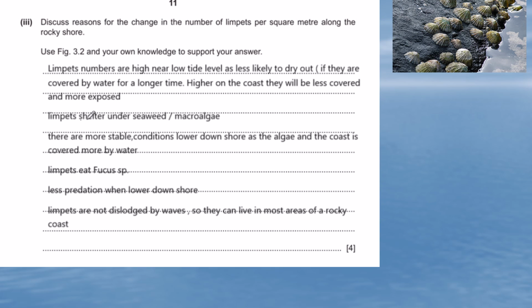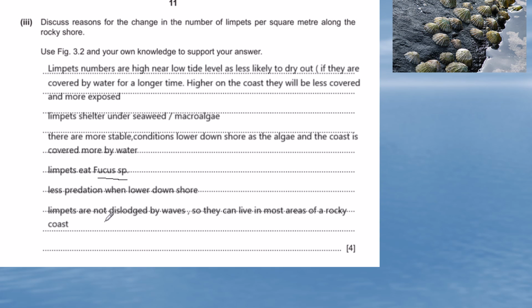Okay. Limpets shelter under the seaweed, and there are more stable conditions lower down shore as the algae and the coast are covered by water, as the limpets like to stay wet. And limpets eat the seaweed here, so it's a food source for them. And there's also less predation lower down the shore, less chance of being eaten by seabirds and other things.